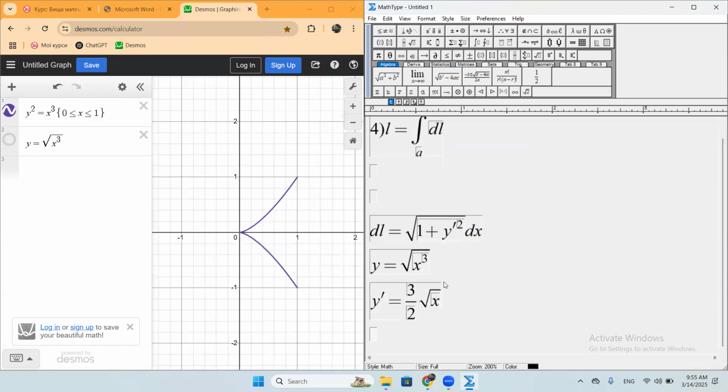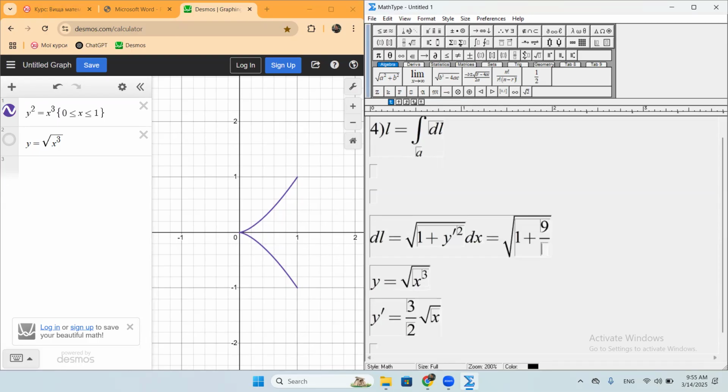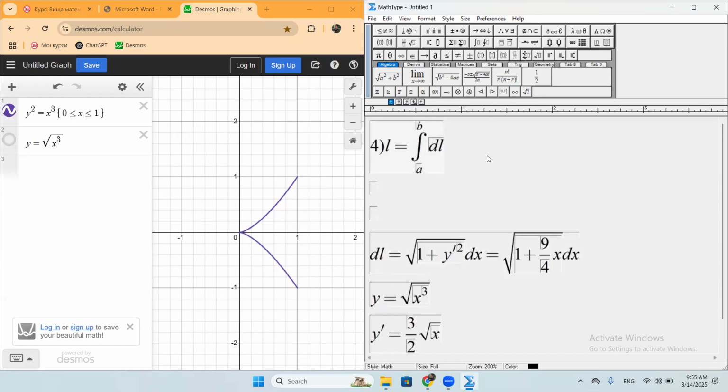So dl will be equal, let's write it here, 1 plus 9 over 4 x dx. So let's substitute this value into this integral.